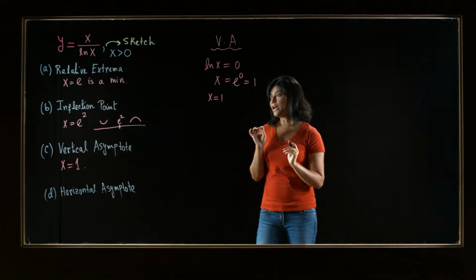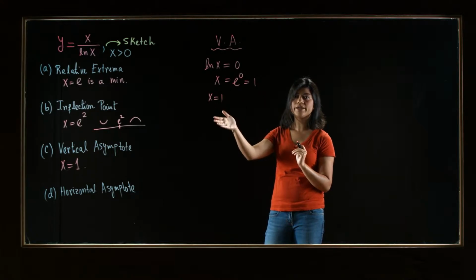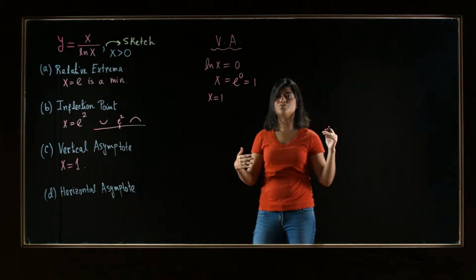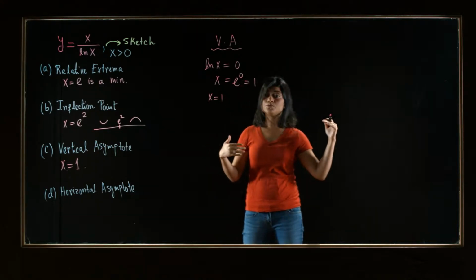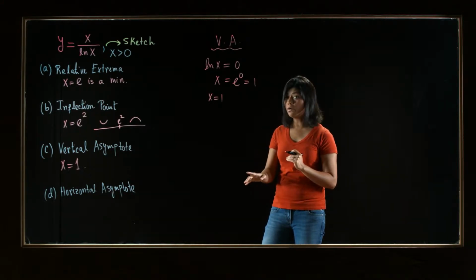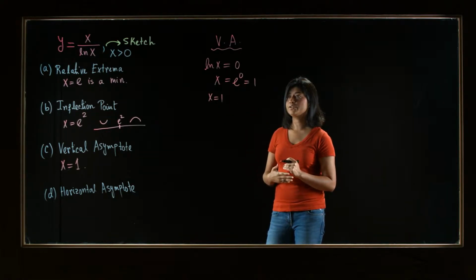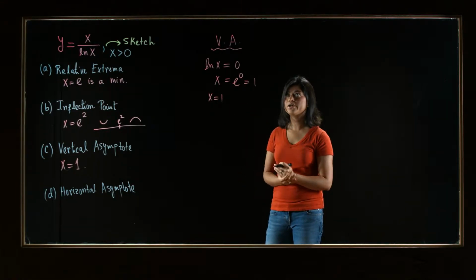Now we have to figure out how the function behaves around this vertical line, x equals 1. So what happens when x is approaching 1 from the right side and from the left side? We also know that the function will approach infinity or negative infinity. The question is which one, positive or negative?